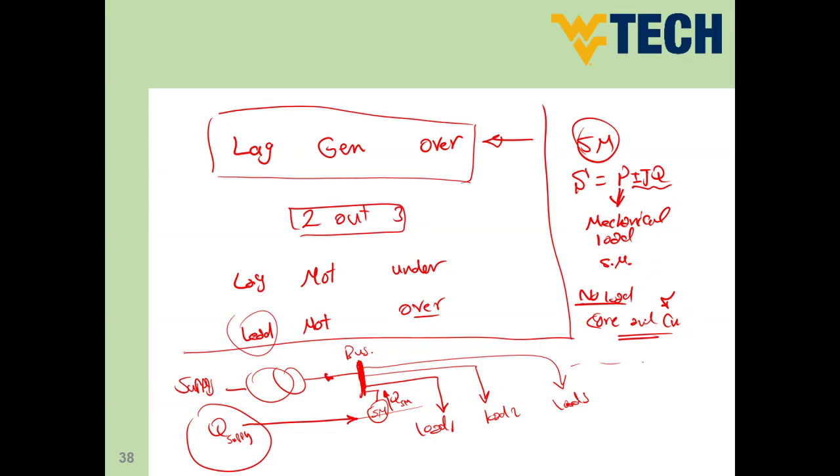Okay, so again, if I operate this motor at no load, I can say that P is going to be very small. And in this case, I can have the complete value of S as reactive power.